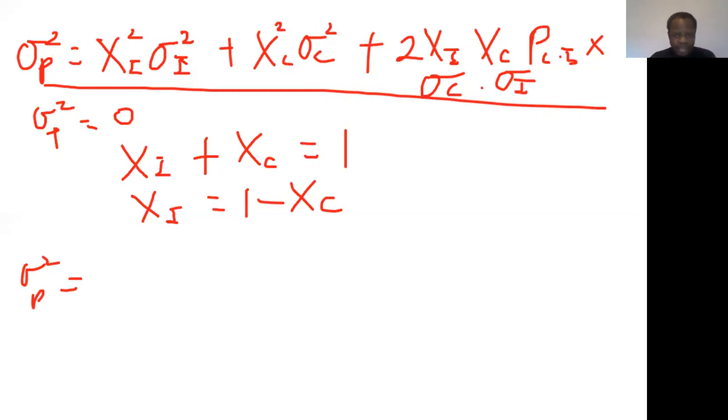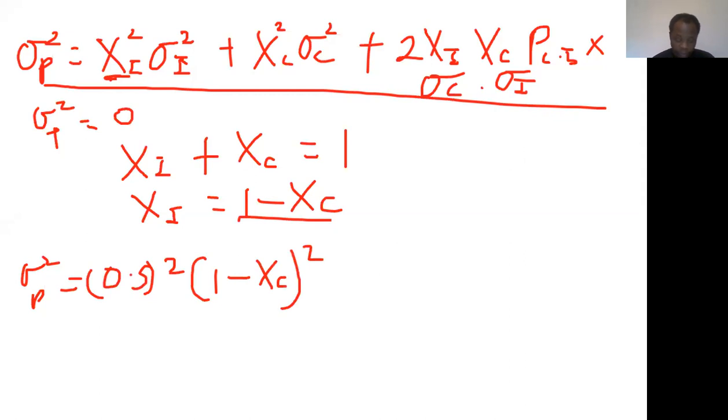They said Intel has a volatility of 0.5. So instead of the variance, I write the volatility squared, so it becomes 0.5 squared, and instead of the Intel weight we now have 1 minus xc, all squared.